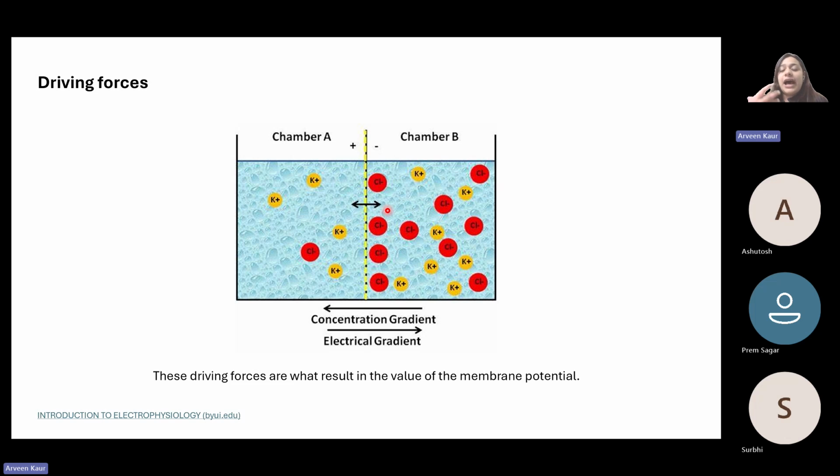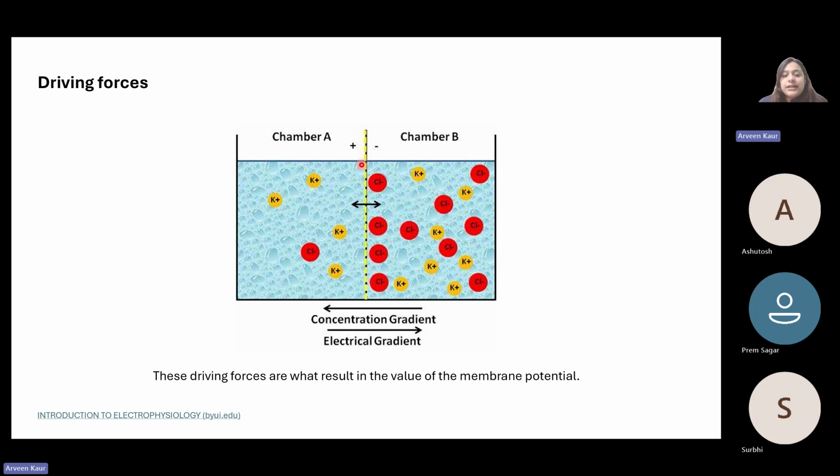So we know in what direction the ions flow. It moves from its higher concentration to its lower concentration, right? So what will be the flow of ion over here? The potassium ion will go from chamber B to chamber A, right? So the concentration gradient for this potassium ion will be B to A in this direction, right?